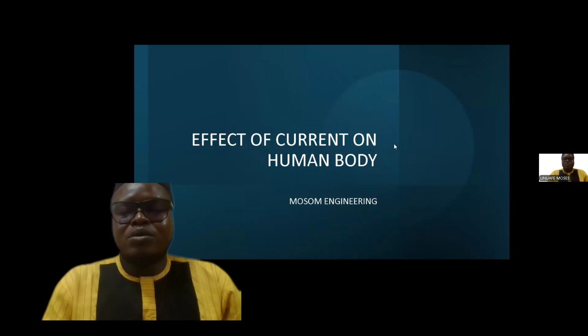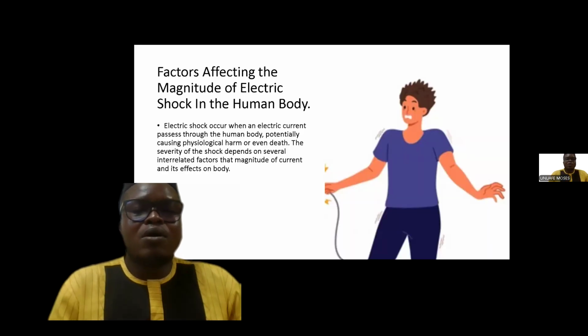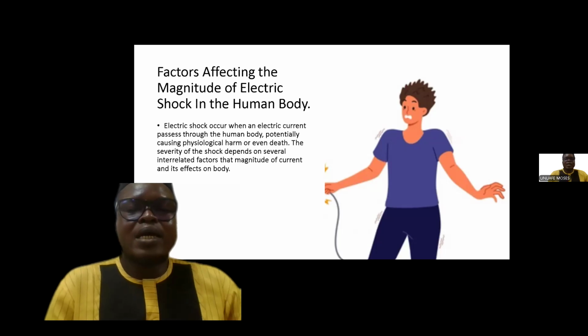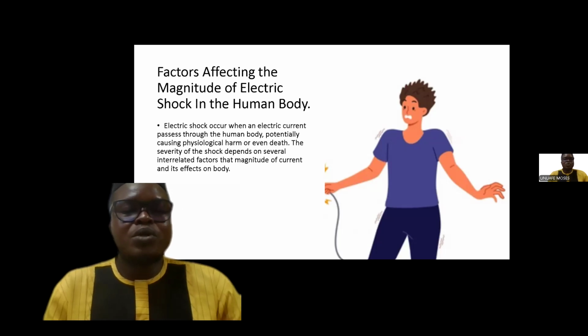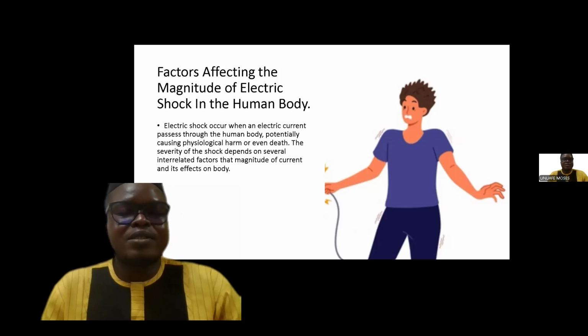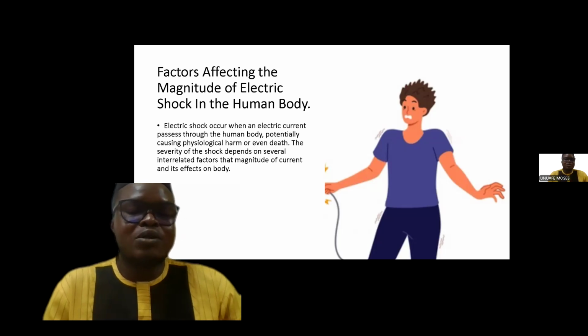I want us to understand that electric shock occurs when an electric current passes through the human body, potentially causing physiological harm or even death. The severity of shock depends on several interrelated factors, that is, the magnitude of current and its effect on the body.